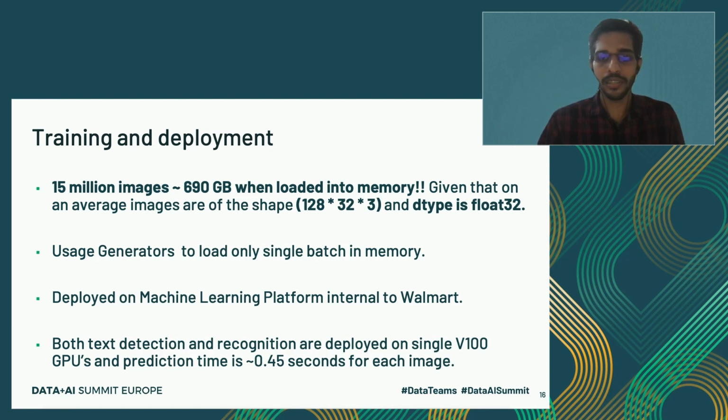Network latency is also counted in the overall extraction. So that's why we clubbed both the text detection and recognition models in a single deployment. It's deployed on our V100 GPUs, and the prediction time for each image is roughly around 0.45 seconds.